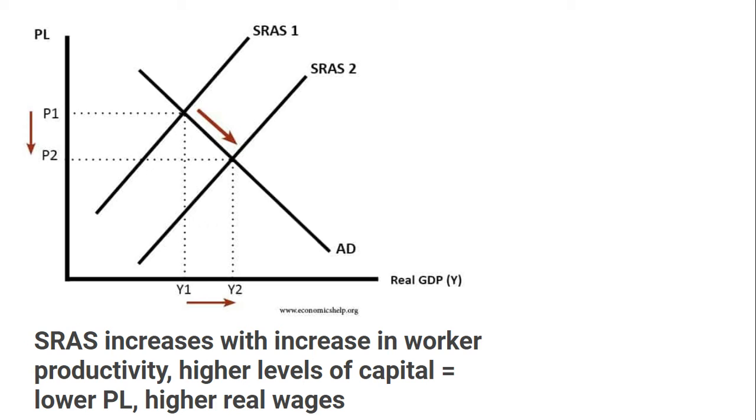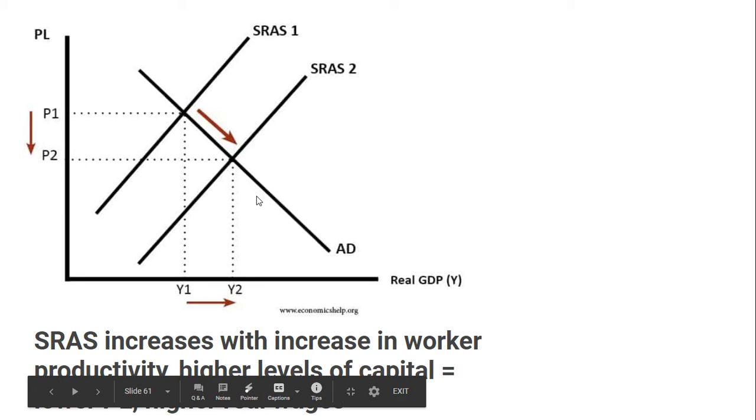As businesses supply more due to higher levels of productivity, prices fall. You have more supply, you're willing to cut prices because people are producing more. There's more capital, which leads to an increase in GDP, Y1 to Y2, lower price levels, and therefore, remember, anytime price levels are falling, real wages are rising.